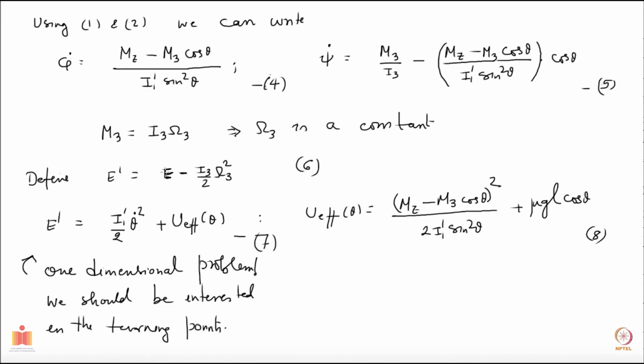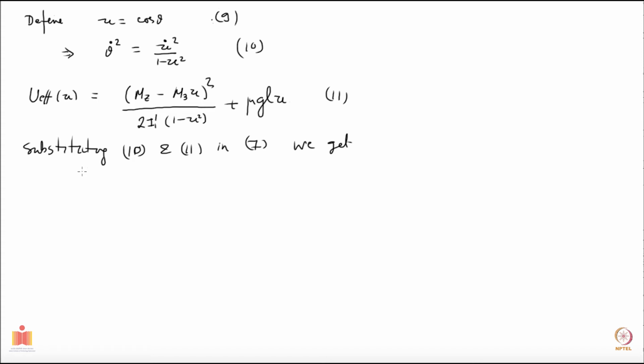Let's go back. So you get the following: e prime times 1 minus u square. So I'm taking 1 minus u square also and multiplying on the left hand side, and this is equal to i1 prime over 2 u dot square plus (mz minus m3 u) square over 2 i1 prime plus m u g l u times 1 minus u square.